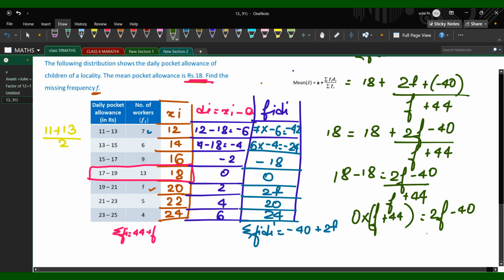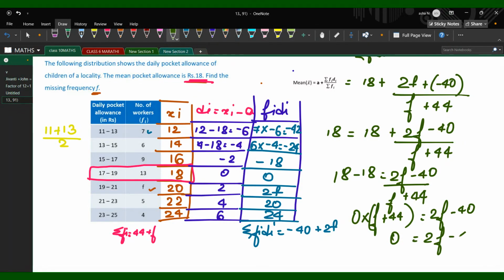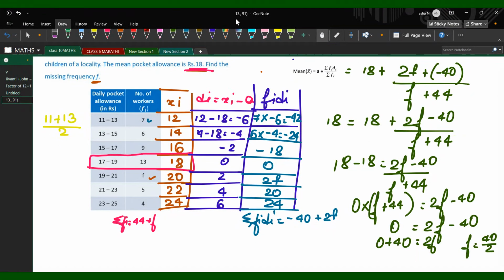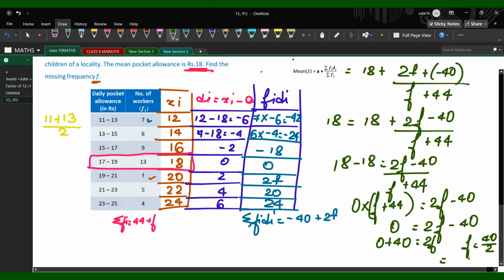Anything multiplied by 0 is 0, so 0 equals 2f minus 40. Now 0 plus 40 is equal to 2f. Finally we get f equal to 40 divided by 2, which is 20. So 20 is the answer.